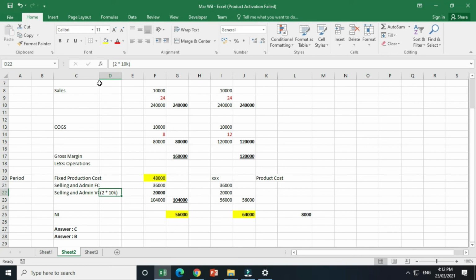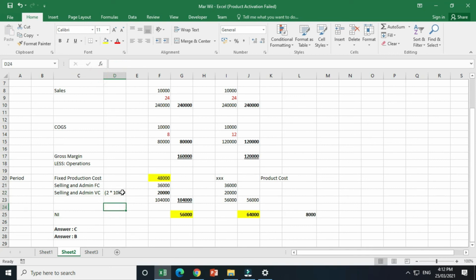Very common sense. So 2 pesos per unit, we get 20,000. And then we have the fixed cost, 36,000. So 56,000 for absorption costing, and 104,000 for variable costing because of this 48,000.